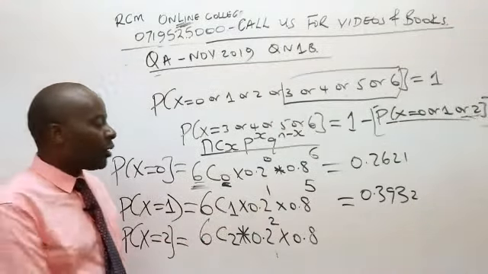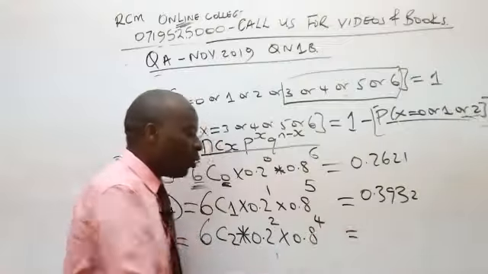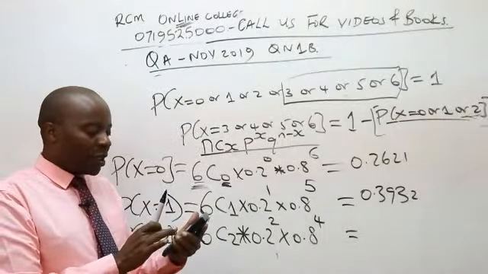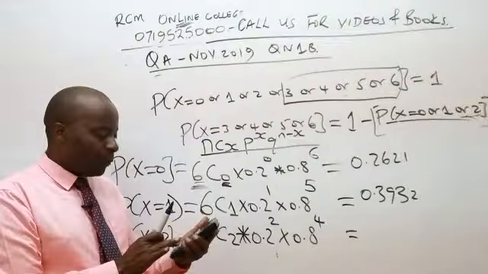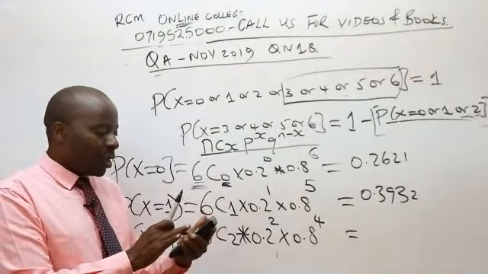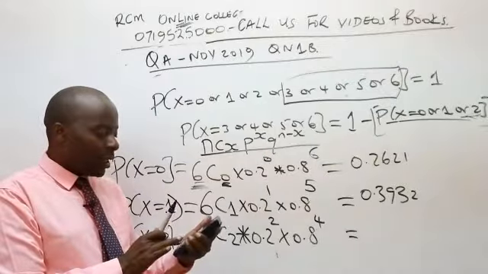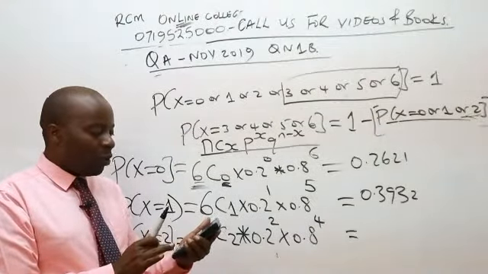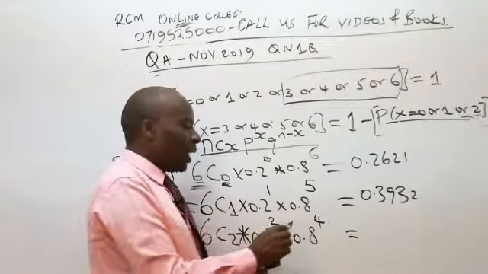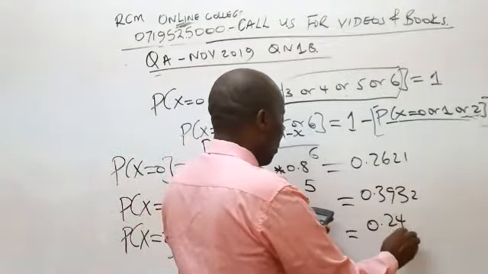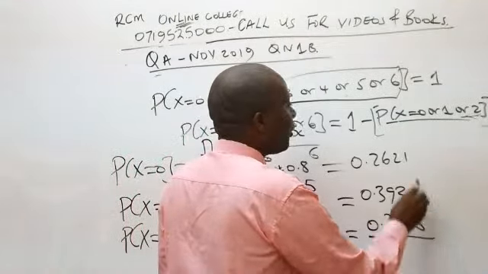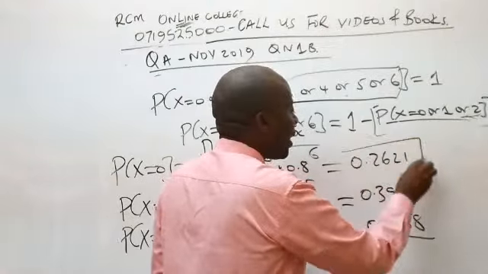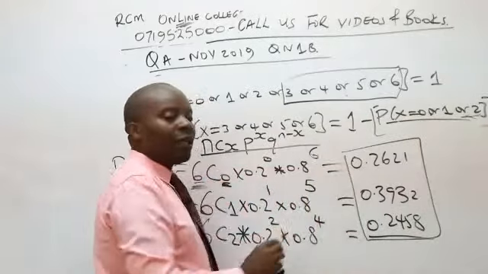So meaning, ladies and gentlemen, that this one here will be 4. So then what do we have here? We have 6 combinations 2 times 0.2 raised to power 2 times 0.8 raised to power 4. So at the end of the day, we'll end up getting 0.2458 like that. Ladies and gentlemen, the 'or' means what here? Come and give us a consolidated total figure.